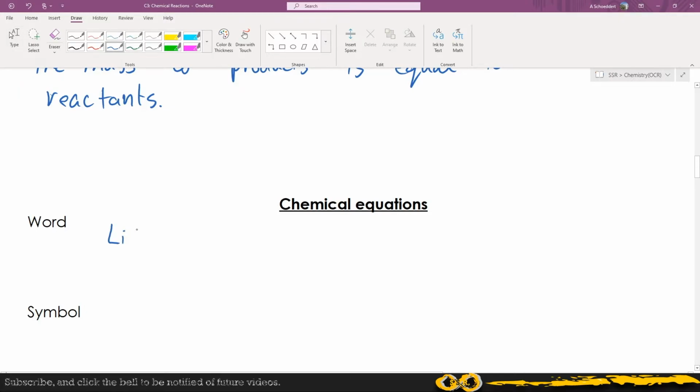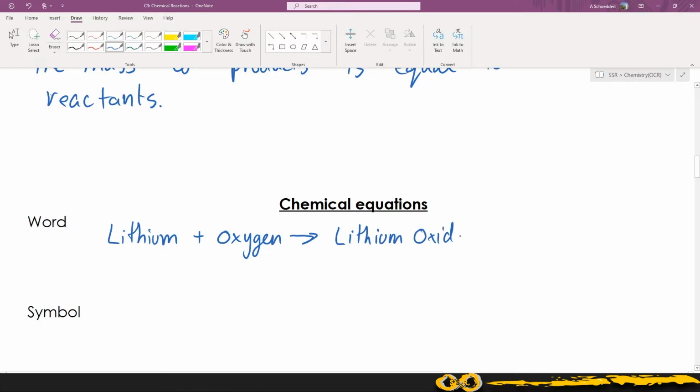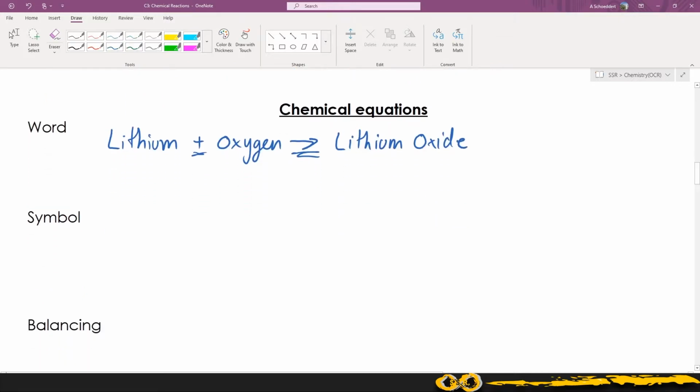We would have lithium reacting with oxygen, and together they will react and form lithium oxide. We make sure that the elements that were present as reactants are also present as products, and that we show that they were added together to form a reaction, and that the reaction did happen using the arrow.